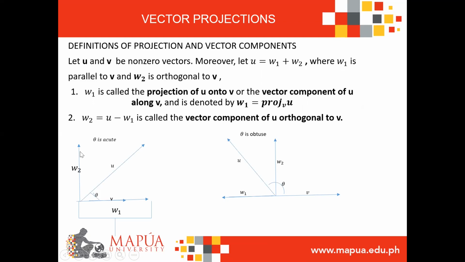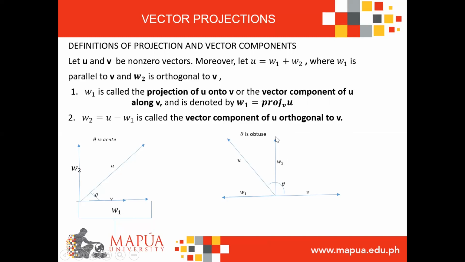So if we're going to look at the figure here, any of these two figures, we can say that we can apply the formula of vector projection because the distance that is needed to be found is actually your W2. And this W2 is the vector component of U orthogonal to V. Then we are given point P and also the line segment which is perpendicular to W2.